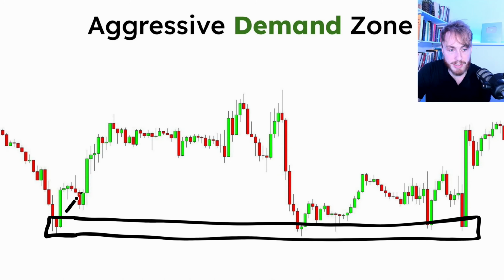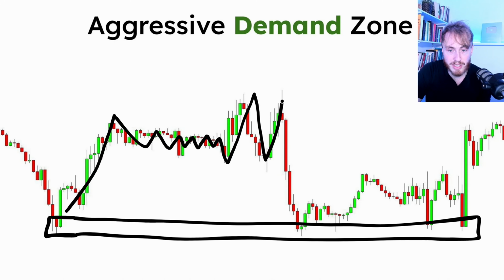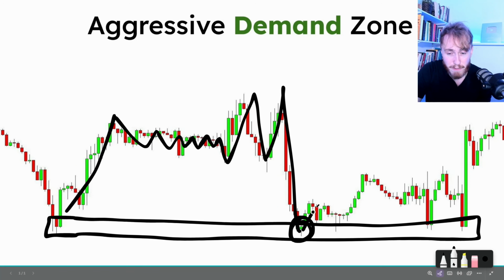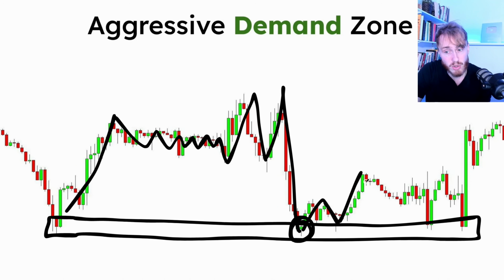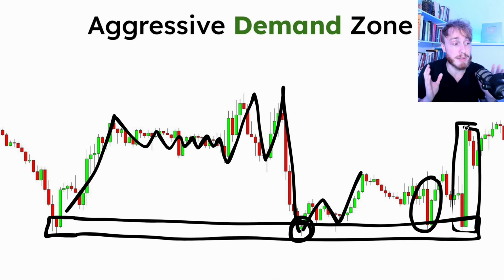And in this example, we can see that the price went up, it traded sideways for a while, we saw a strong move to the downside, but once the price reached the demand zone, we actually saw some buying pressure coming in. The first bounce here was not that strong, but each time the price came down to this demand area, we saw a strong move to the upside, and then eventually right here, we saw this massive, aggressive demand spike to the upside.